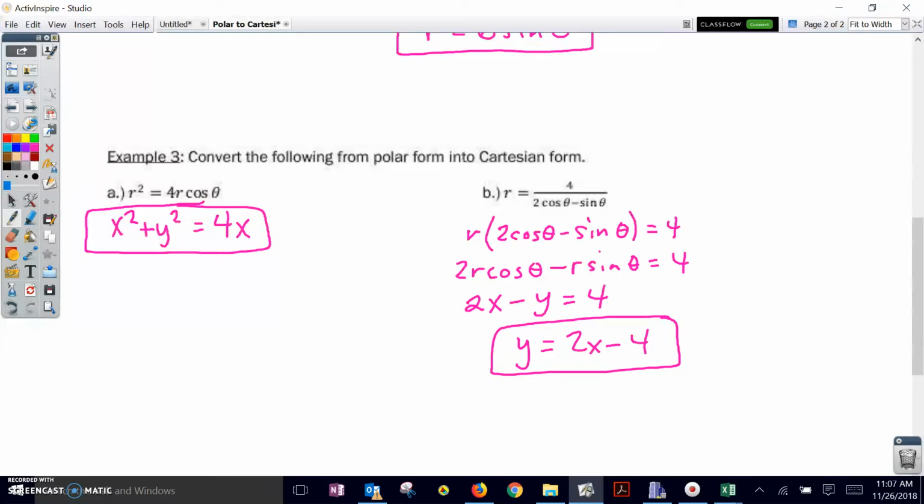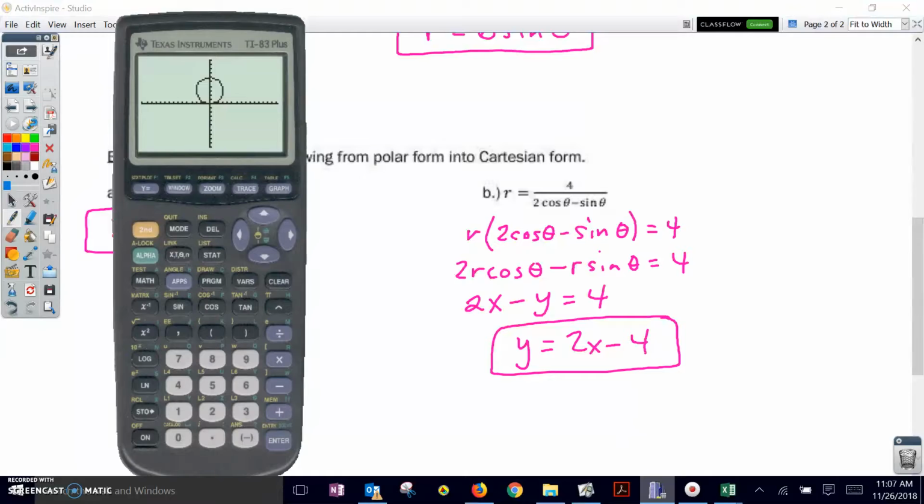If we take a look, I'm curious to show you this. If we go ahead and graph this, we've got 4 over the quantity 2 cosine of theta minus sine of theta. And if I look at the graph of this, see how it forms that line?